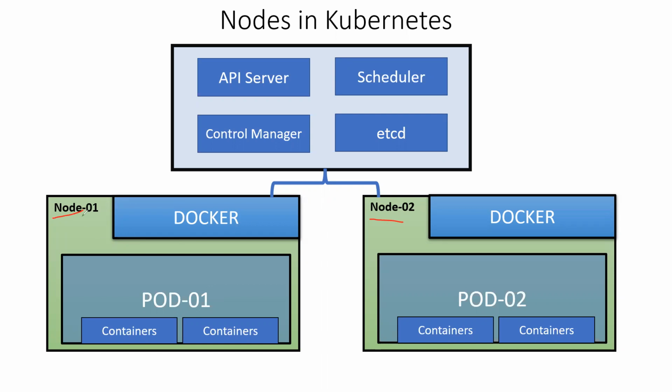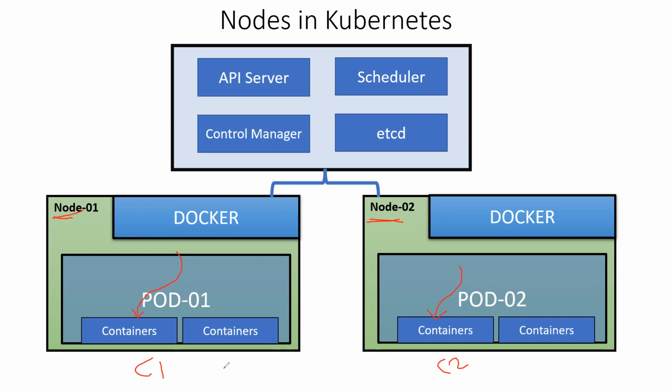So node 1 and node 2. I started to deploy this image and run it inside my EC2 instances. So this is container 1 and this is container 2. The same image, 2 copies, container 1 and container 2.